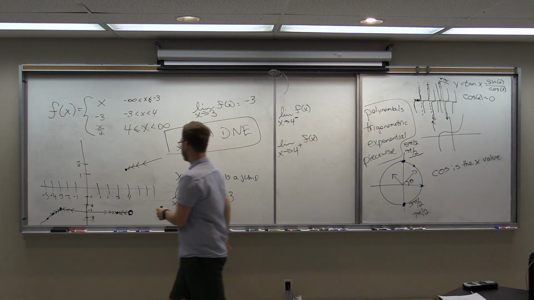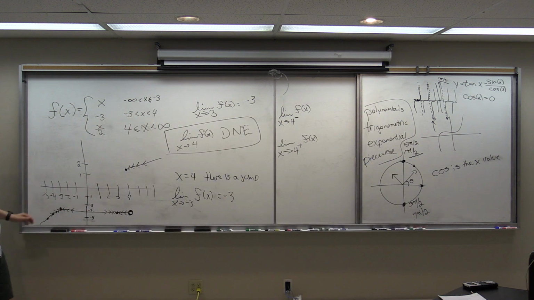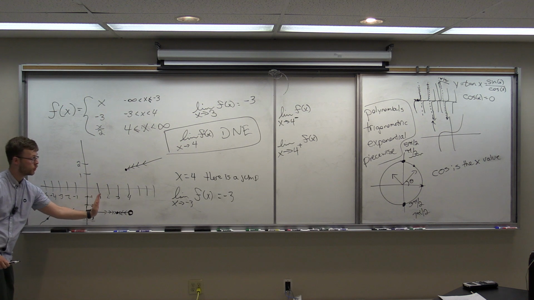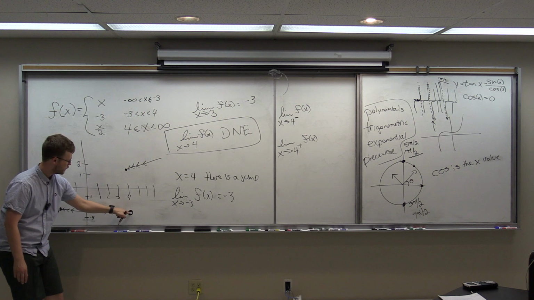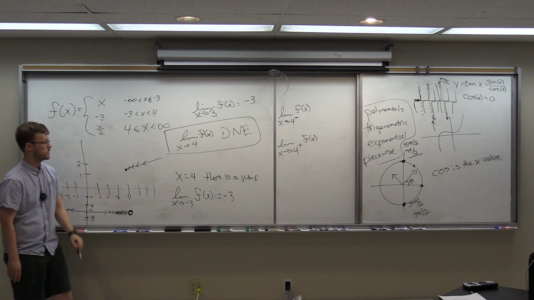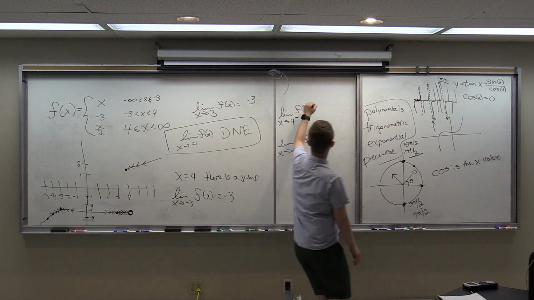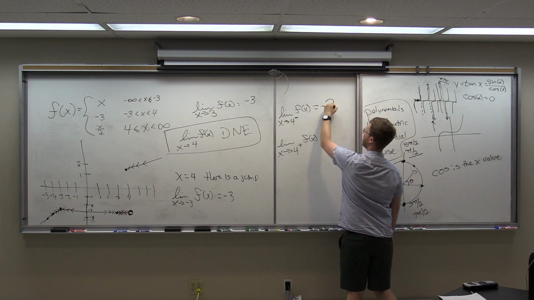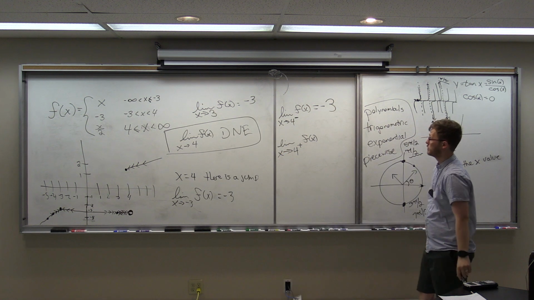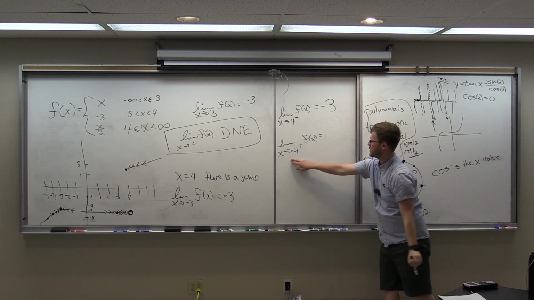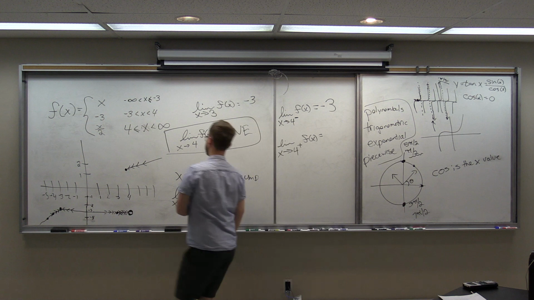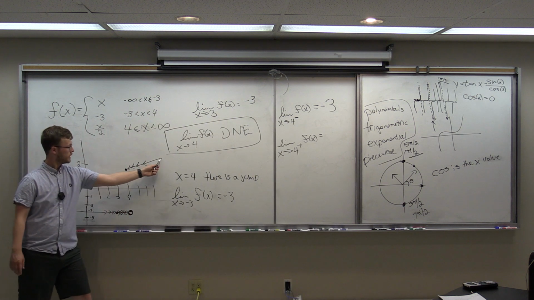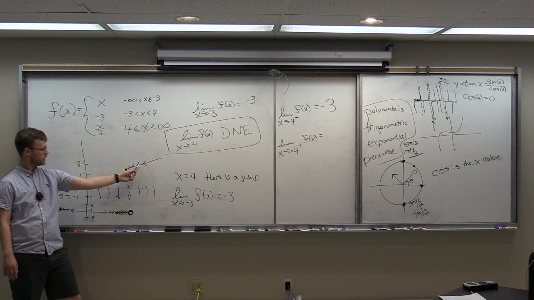Let's look at the limit as x approaches 4 from the negative side. Okay, here I am coming from the negative side, and I'm getting closer and closer to 4. As I approach 4, I am clearly approaching the value y equals negative 3. So the limit as x approaches 4 from the negative is negative 3. Now, what is the limit as x approaches 4 from the positive, from the right? As I approach from the right, I am following this line, trying to find 4.